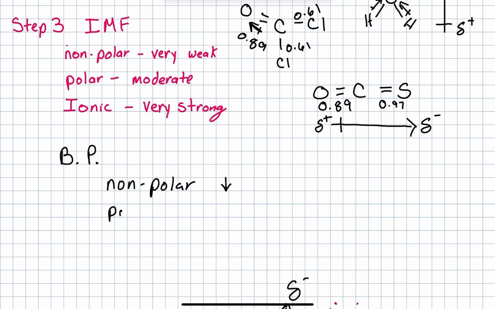My polar molecules are going to have a moderate boiling point, and my ionic will have a very high boiling point. And so if I had to rank these, I would rank nonpolar as the least, then polar, then ionic.